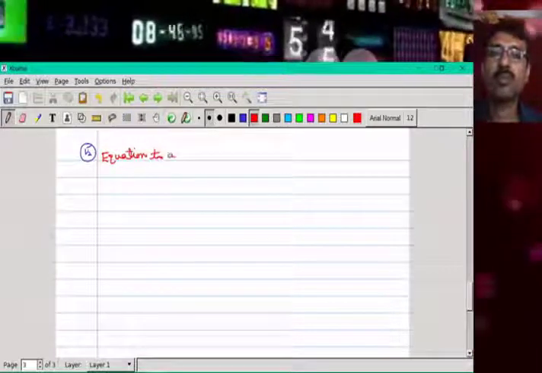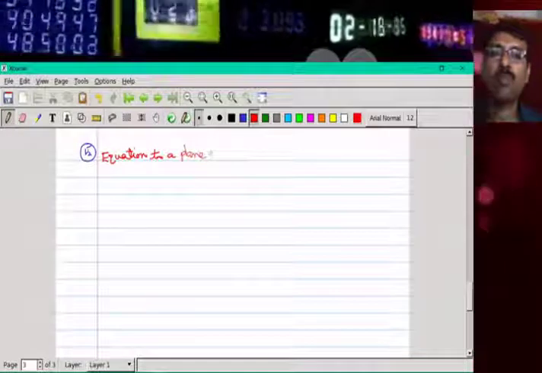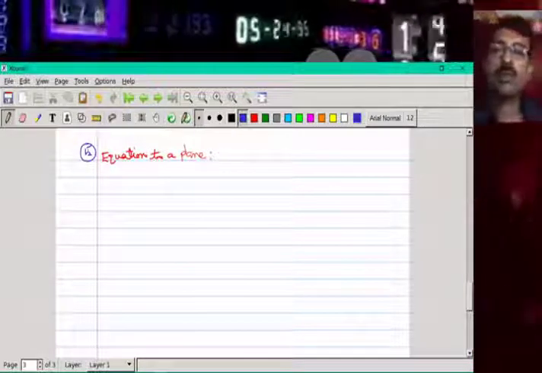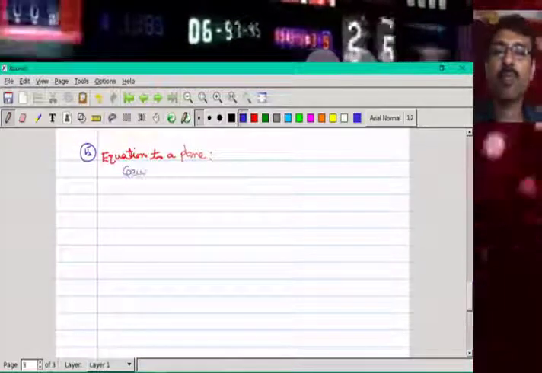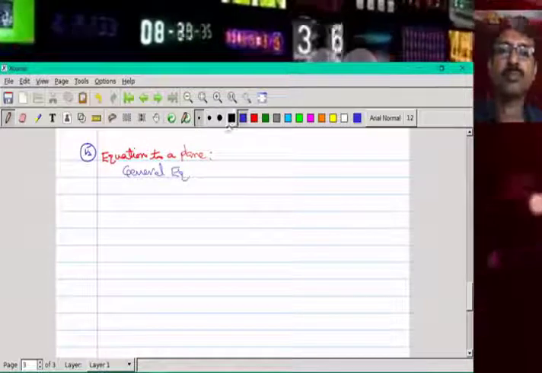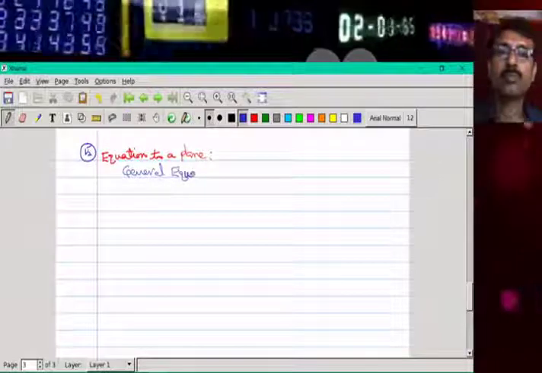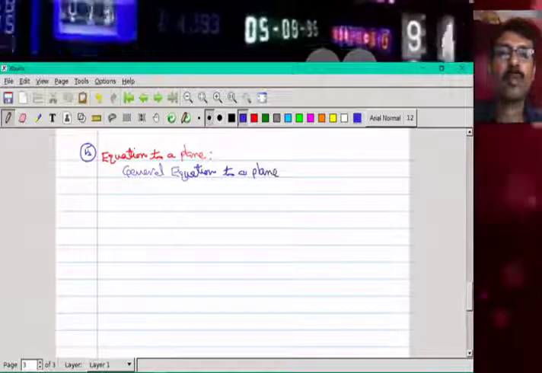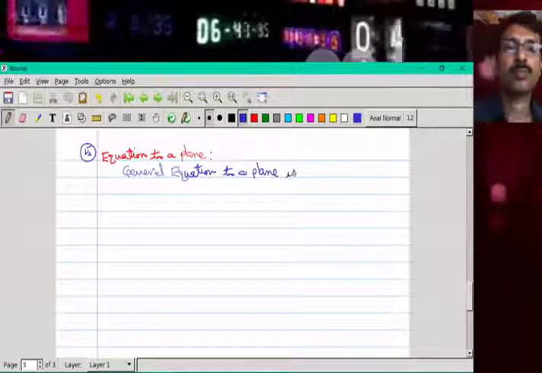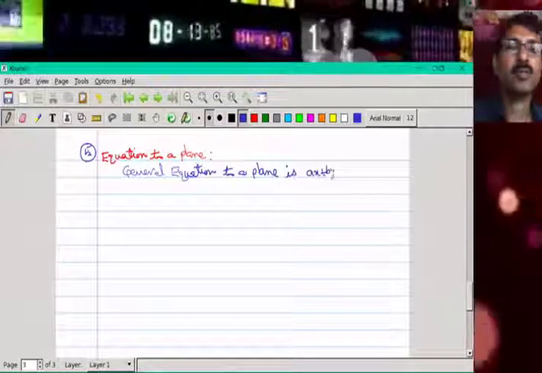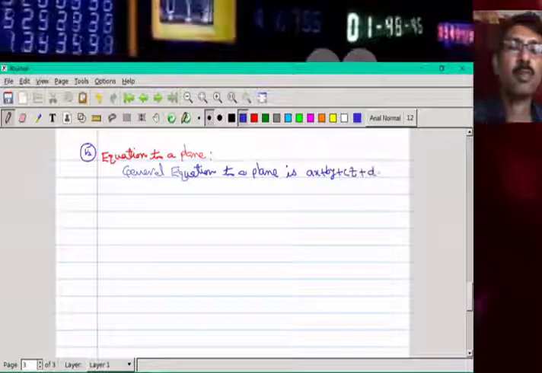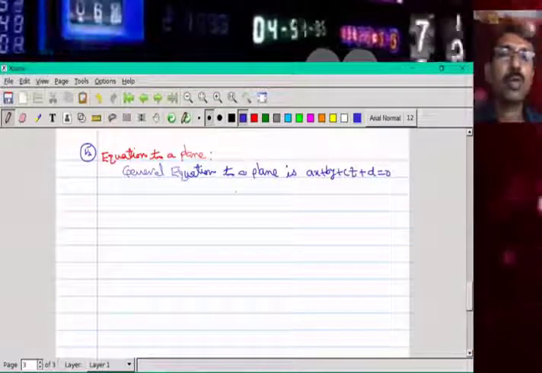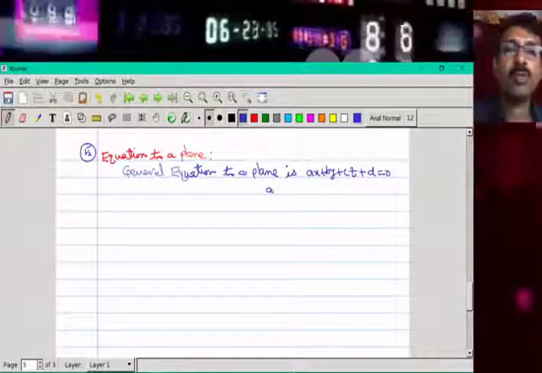Equation to a plane, general equation. The equation to a plane is ax plus by plus cz plus d equal to 0, and a, b, c should not be 0 at a time.